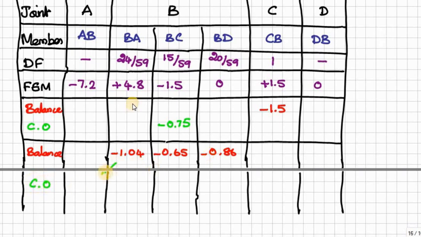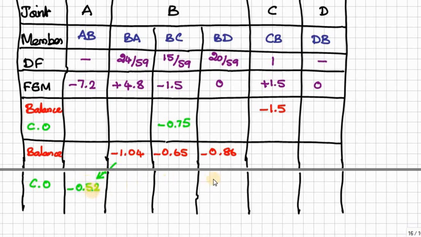So, we apply minus 1.04 in BA. Therefore, half of this moment will be transferred to AB. So, here minus 0.52.